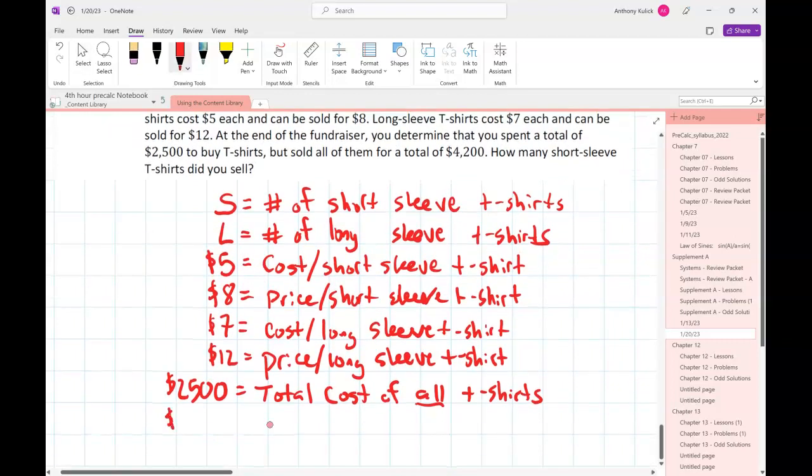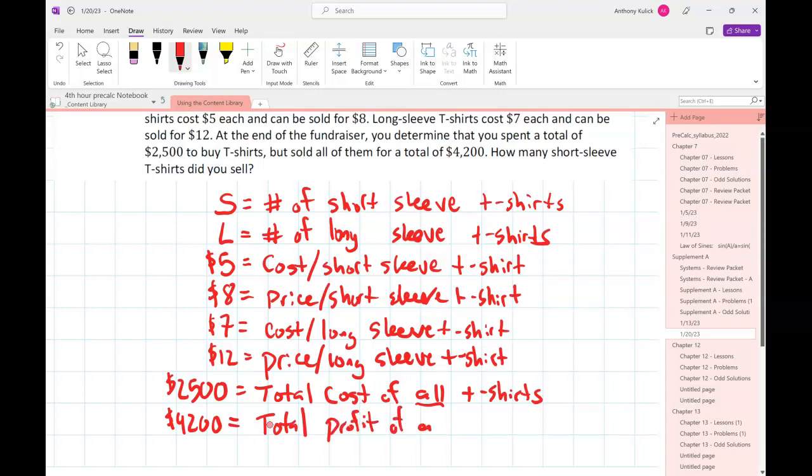Very good. And the 4,200 is a total. Let's call that profit of all t-shirts.